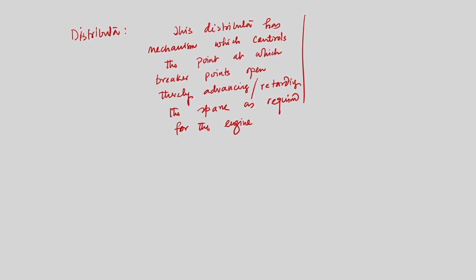Now, we need to know how we can generate huge voltage using a small voltage from the battery, which is of the order of 10 volt. So, using a voltage of the order of 10 volt, we can develop a huge high voltage, of the order of 10 kilovolt.